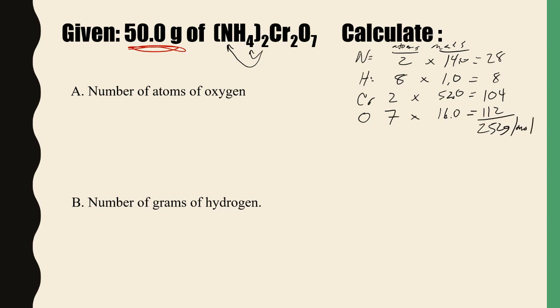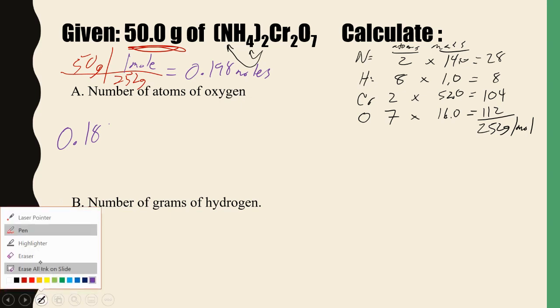So if we're trying to figure out how many moles this is, we're given 50 grams, and we know there's 252 grams in 1 mole. That's going to give us 0.198 moles. And that's a great starting point for any of these questions. So if we're looking for atoms of oxygen, we know there's 0.198 moles of this stuff.